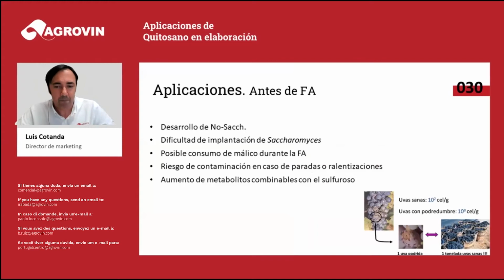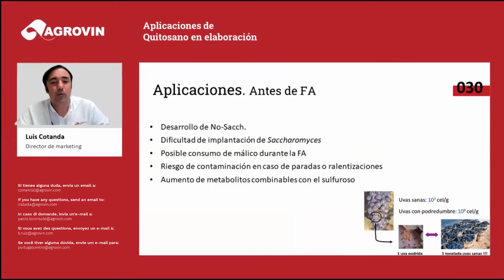So now we're going to speak about the applications. We've seen that the microbiological load of grapes and musts can be high. Why then should we treat these musts or the wines before the fermentation with chitosan?